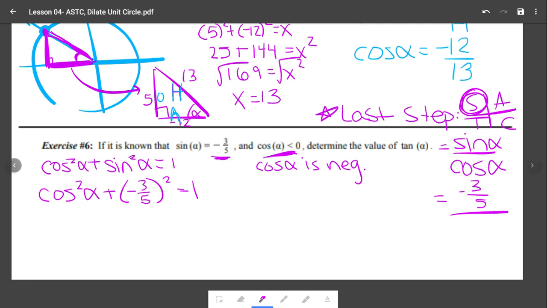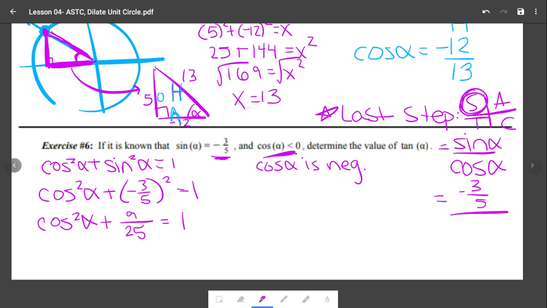Make sure you put it in parentheses, going to square the negative 3 over 5. You should get a positive. So here squaring, that should be a plus sign. You should get positive 9 over 25.